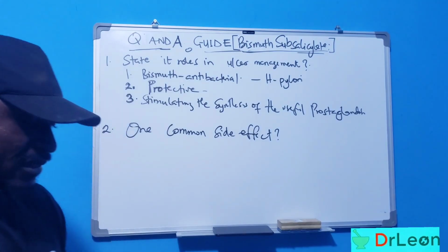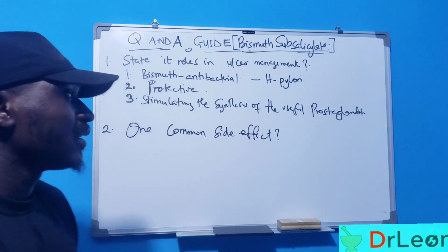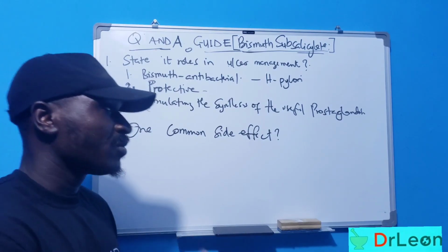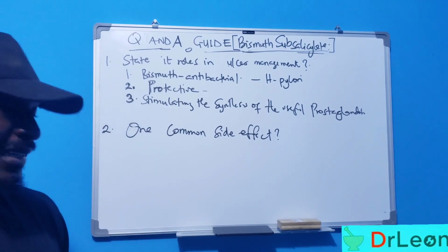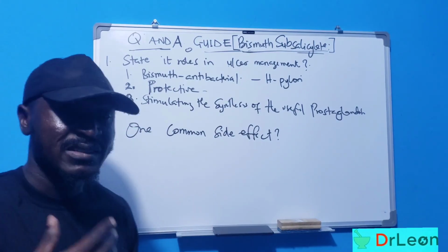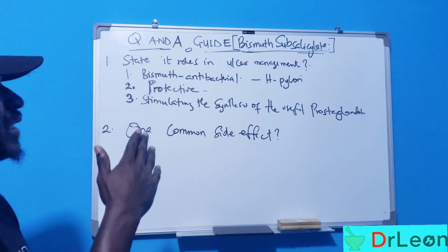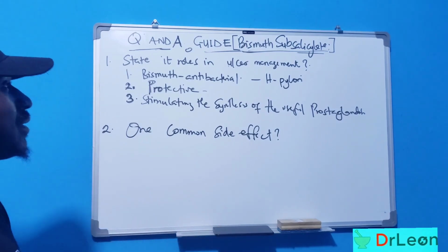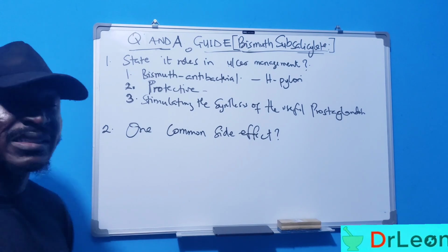So we said prostaglandin is one of the protective factors against the stomach acid, the pepsin, and the likes. Bismuth subsalicylates are able to stimulate the body to produce prostaglandin. So they are able to manage ulcer by three main ways: the bismuth being an antibacterial, as a protective, and by stimulating prostaglandin.